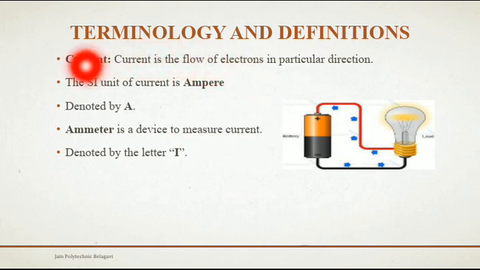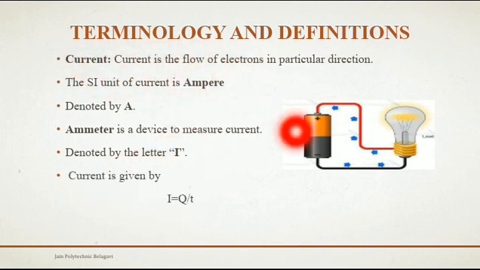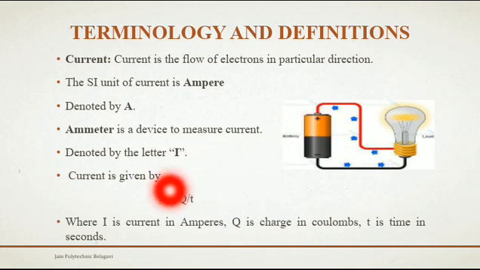Current is denoted by the capital letter I, and is given by the expression I = Q/T, where I is current measured in amperes, Q is charge measured in coulombs, and T is time measured in seconds. Another definition for current is the ratio of charge to time.